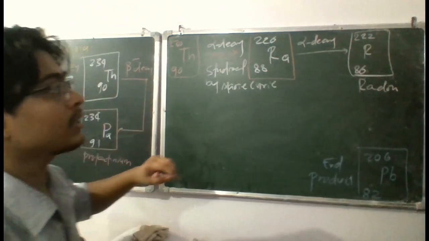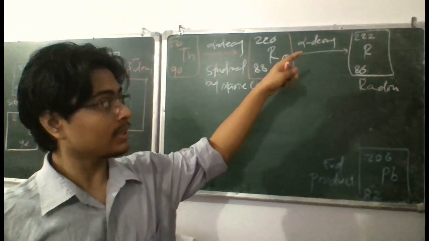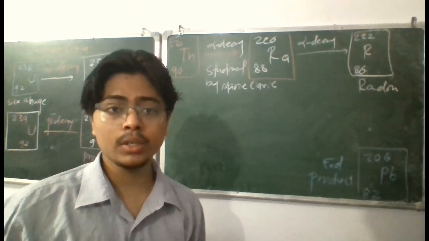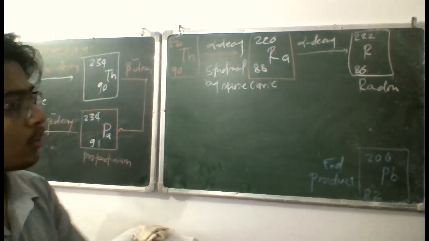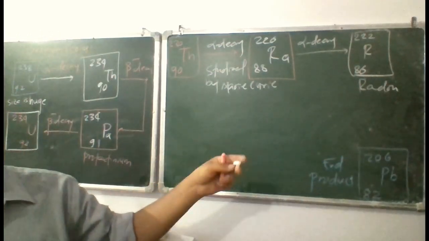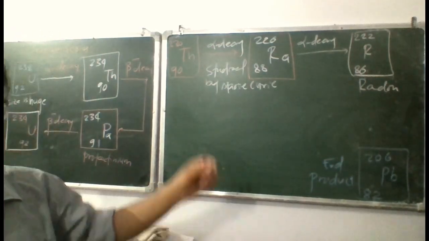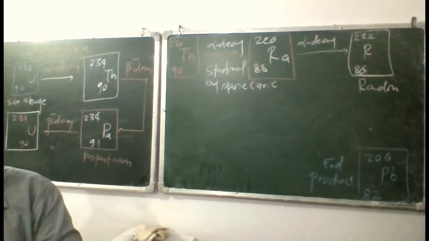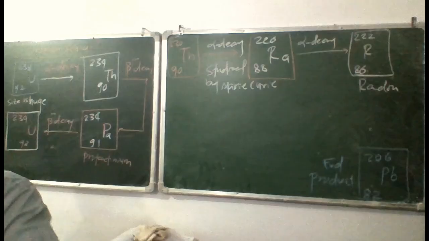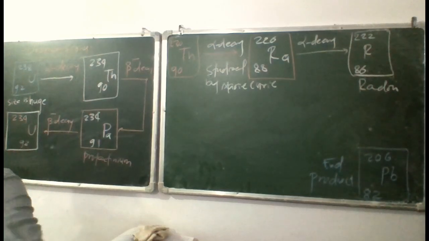Now, what after this? This radon has 86, and we have 82 in lead, which is a stable product. So we would likely go up to that. It means we are now interested in reducing the proton number, and for reducing the proton number, only one thing is possible, and that is alpha decay.